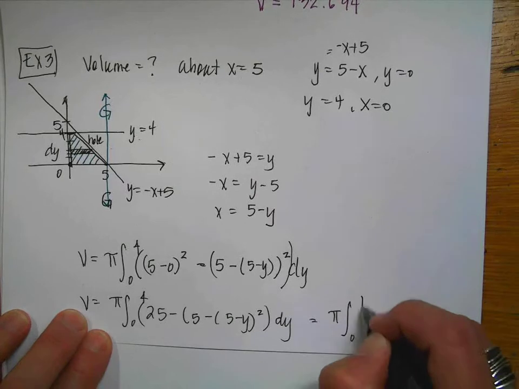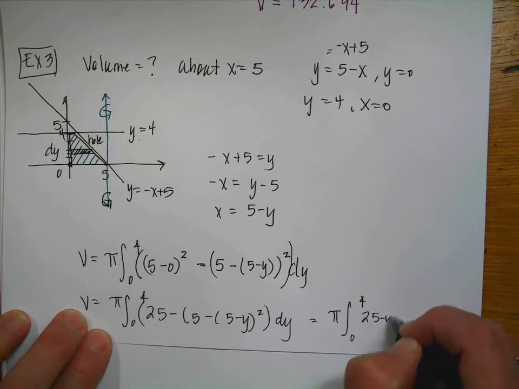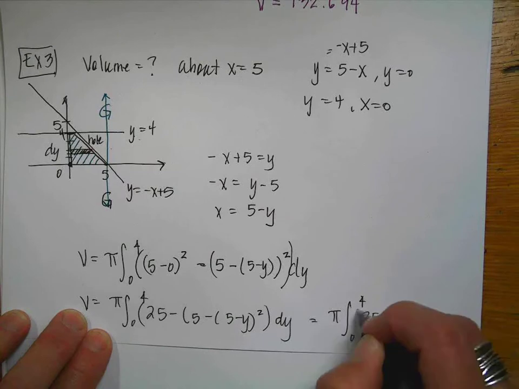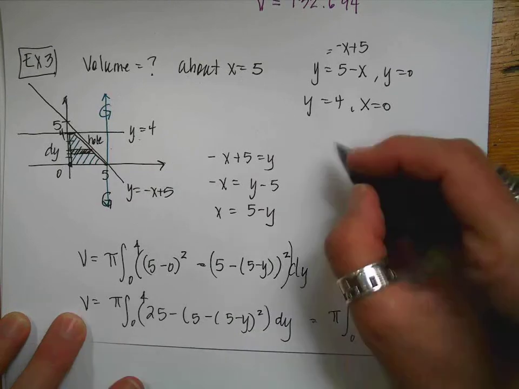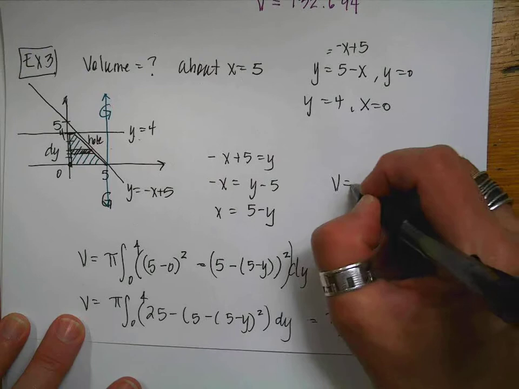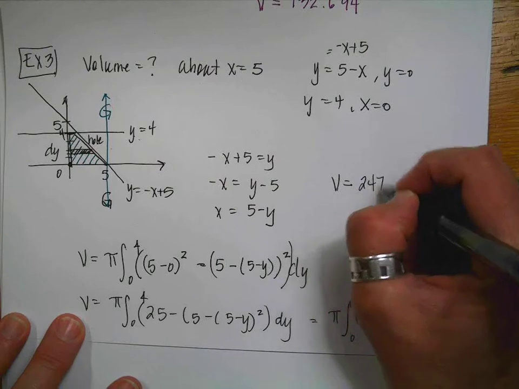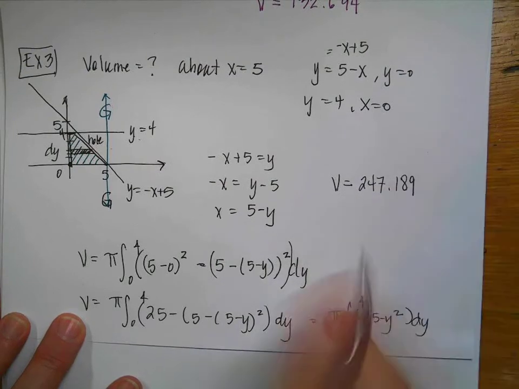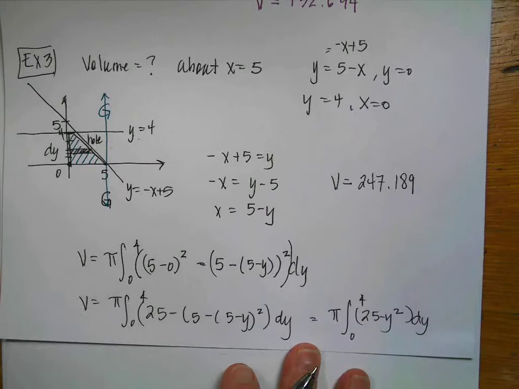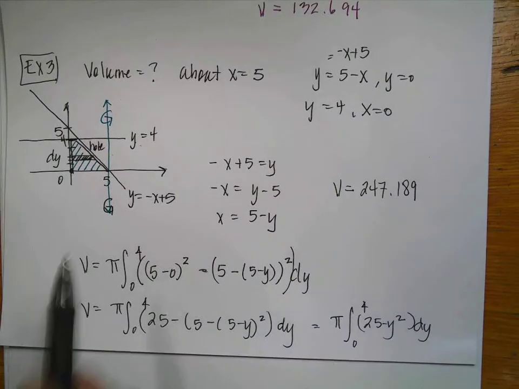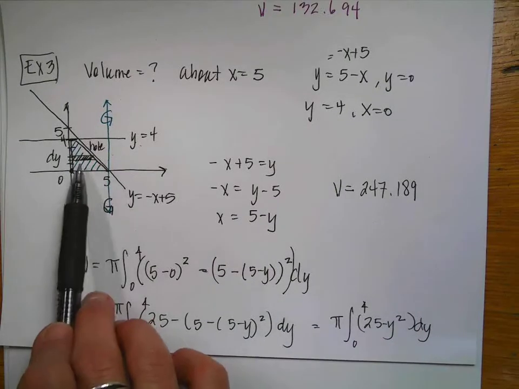When I simplified it, I got integral 0 to 4 of 25 minus y squared in parentheses dy, and I'll write it up here because I'm at the bottom of my page. So my volume was 247.189. Again, it's important to think about what we just did.